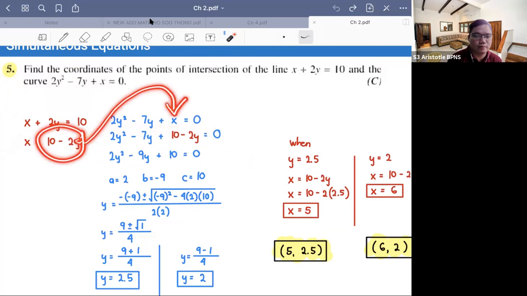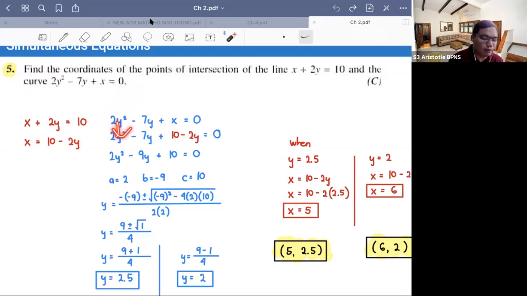So bring down this, and then x becomes 10 minus 2y, then equals 0. Okay, so simplify this. You bring down 2y squared, and then negative 7y minus 2y is negative 9y. Then bring down 10 equals 0.